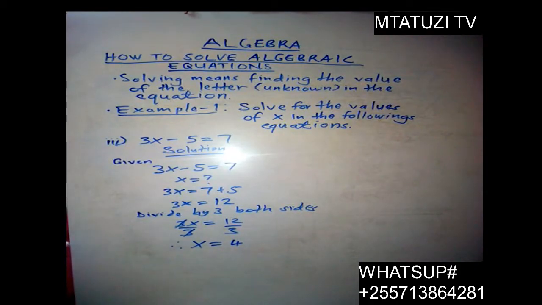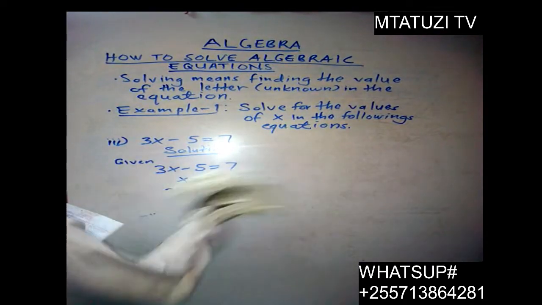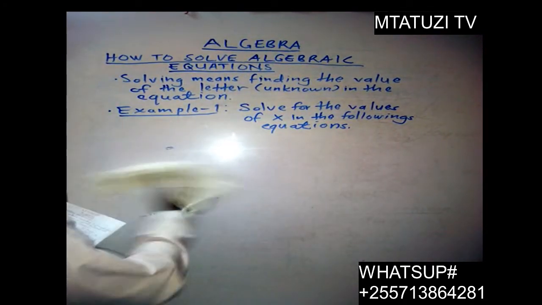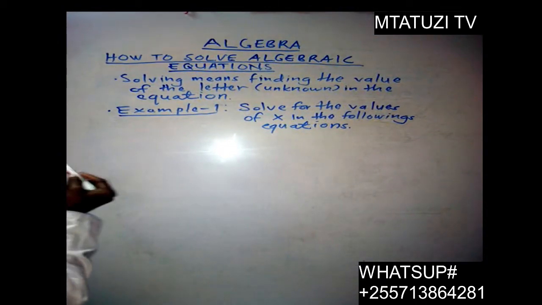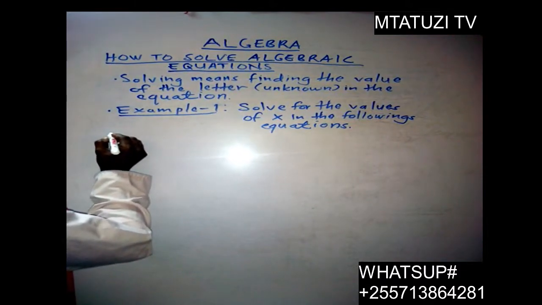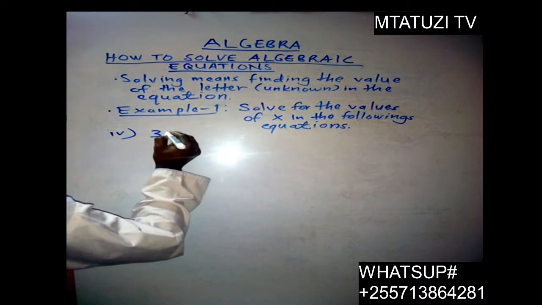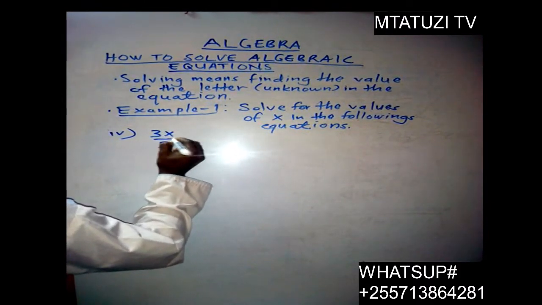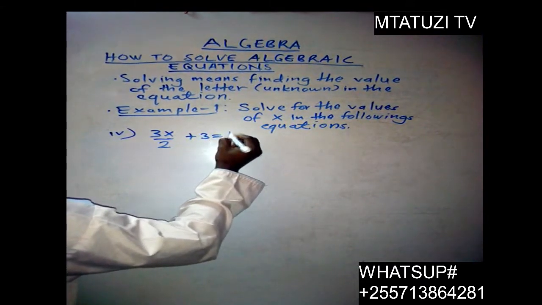So now let us continue to another type of example. Example number 4. Here you are given 3x divided by 2 plus 3 is equal to 12.